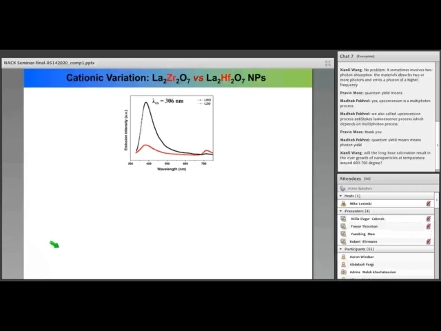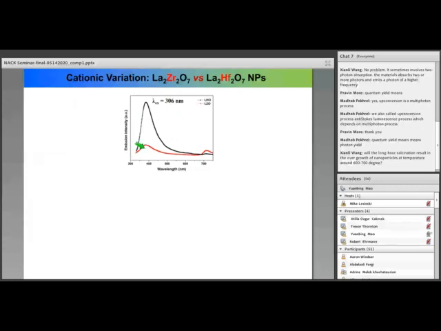And one thing we started to think about is, when we change the composition, how will that influence the luminescent property, right? So here you see, these are the undoped samples, the nanoparticles, and then we excited them at 306 nanometers, and then you see the emission spectrum is actually quite different, right?